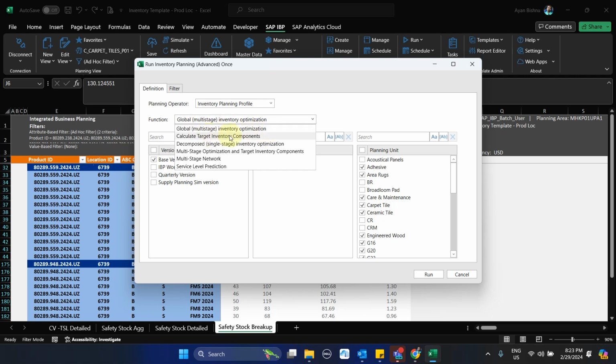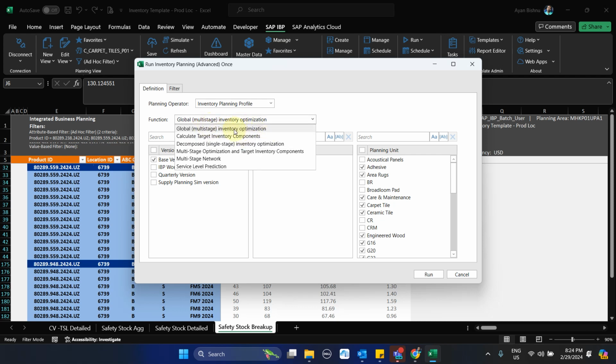Whereas target inventory component calculation works on BOM components, which basically gives results like what should be my target inventory position, what should be my target days of supply for components, and so on. Each of these functions has its own benefits. You can test it out and see the differences, but at this point of time I am going to run the multi-stage inventory optimization and show you how the results are coming.